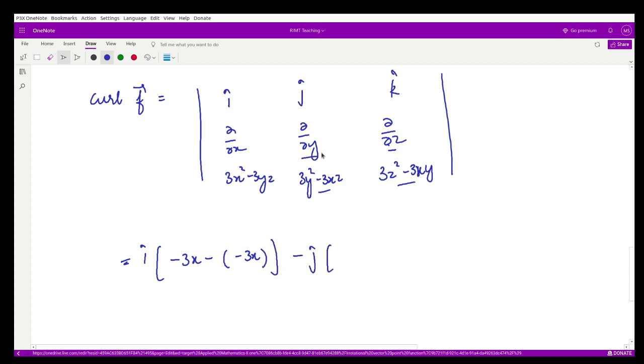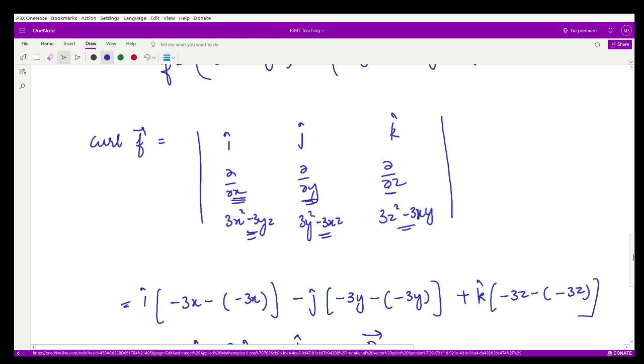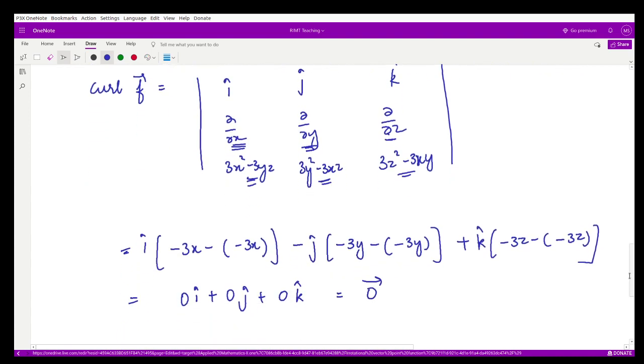Minus j cap, for j cap it would be this and this, so that would be minus 3y, and then minus of this and this, so that would be minus 3y, plus k cap, so that would be this and this, minus 3z, minus of this quantity and this quantity, for k cap, it would be minus 3z again. So this becomes 0 i cap plus 0 j cap plus 0 k cap. So basically this is the zero vector, and the curl of vector f comes out to be 0.